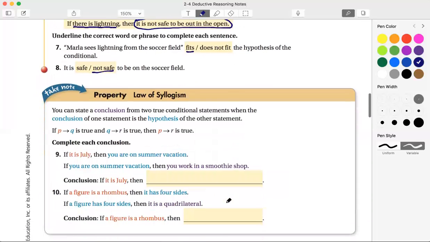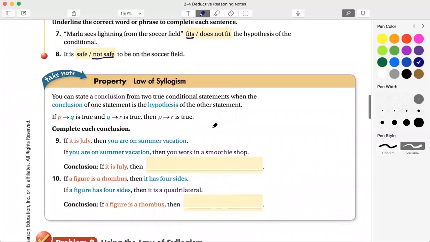All right, so the law of syllogism. You can state a conclusion from two true conditional statements when the conclusion of one statement is the hypothesis of another statement. So in symbols, if P implies Q is true, and Q implies R is true, we also know P implies R must also be true. This is also kind of like in algebra class, the transitive property.